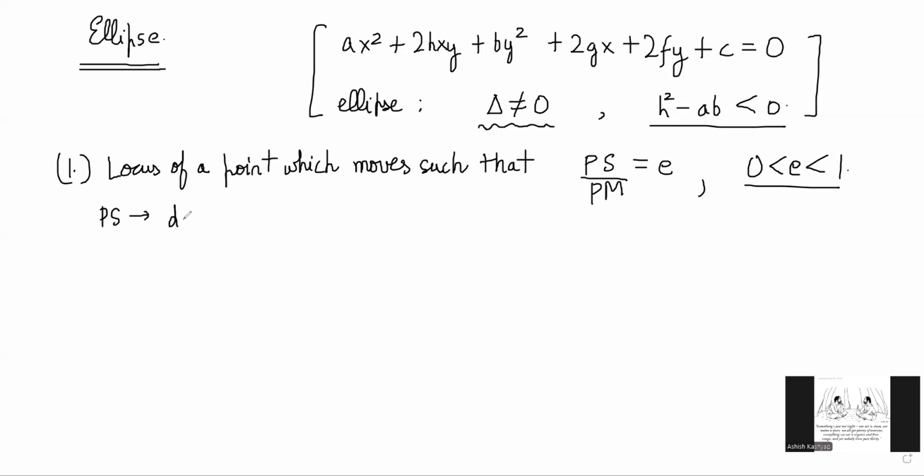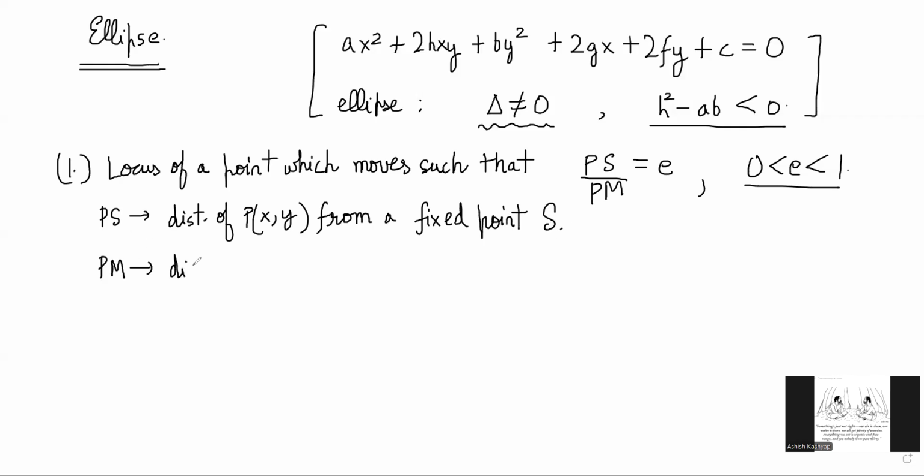PS is the distance of P(x, y) from a fixed point, and that fixed point becomes your focus, which is S, and PM is the distance of P(x, y) from a fixed line, and that line is your M line.